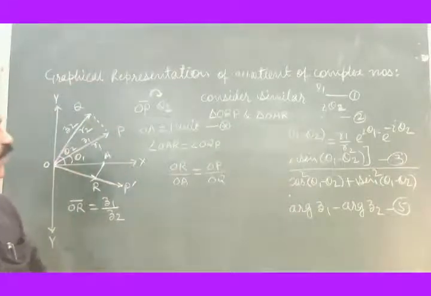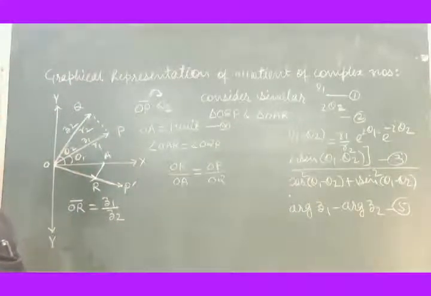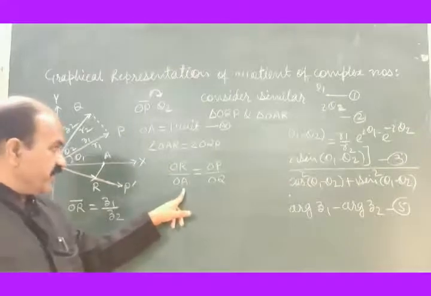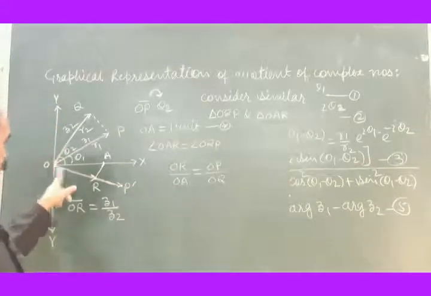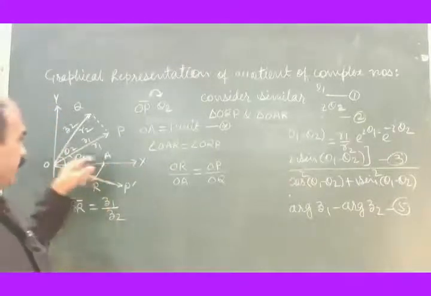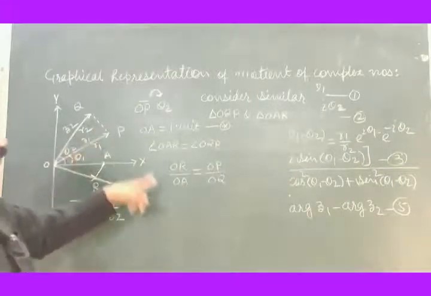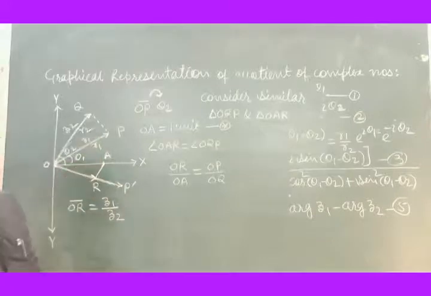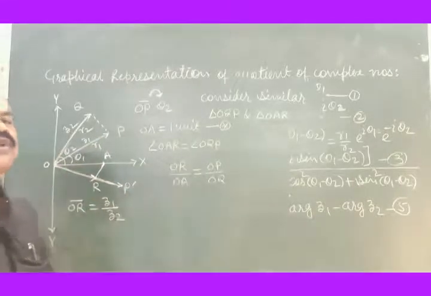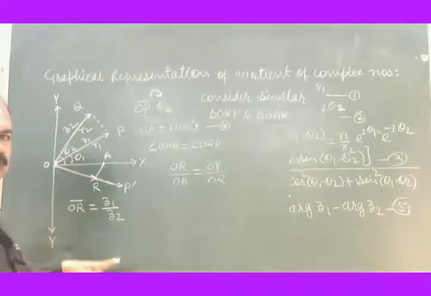OA is equal to 1 unit. So OR by OA in triangle OAR is equal to OP by OQ in triangle OQP. As these two are similar triangles, this property is true for these two triangles.